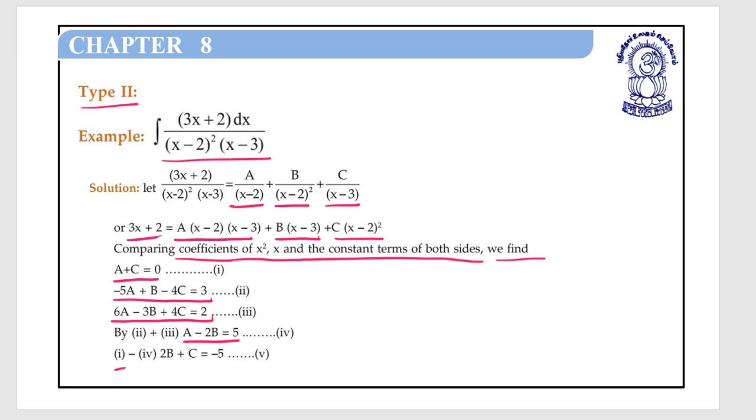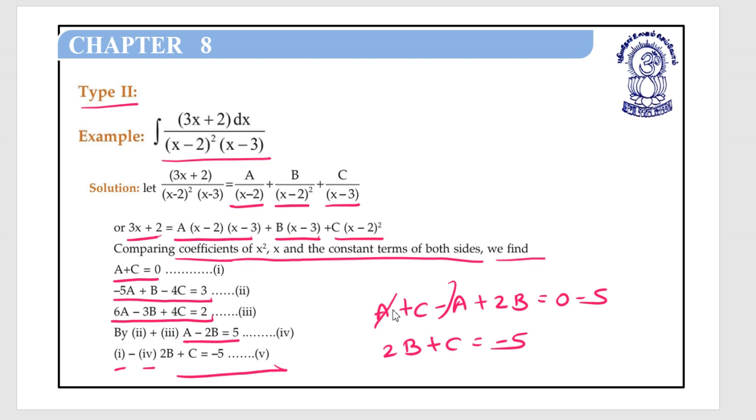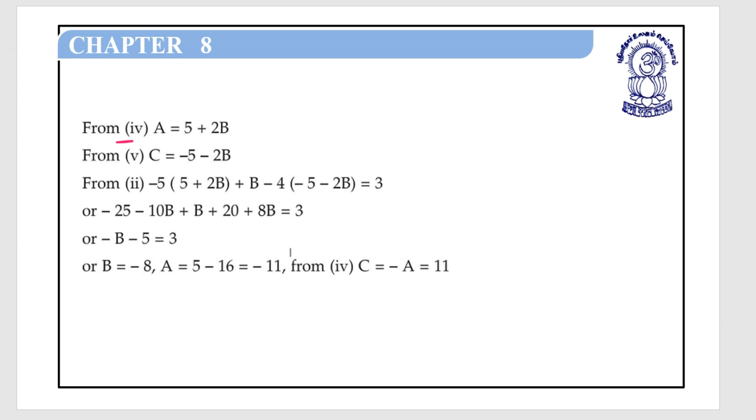Now 1 minus 4. So A plus C minus A plus 2B is 0 minus 5. A minus A cancel. 2B plus C is equal to minus 5. It becomes equation number 5. From 4, A is equal to 2B plus 5, or 5 plus 2B. From 5, C is equal to minus 5 minus 2B.